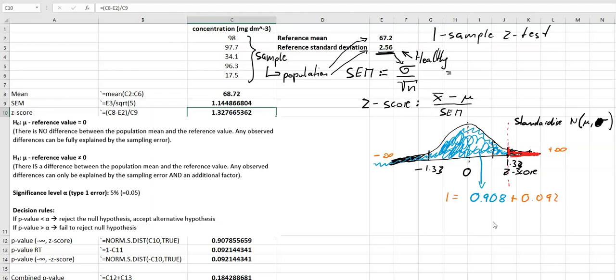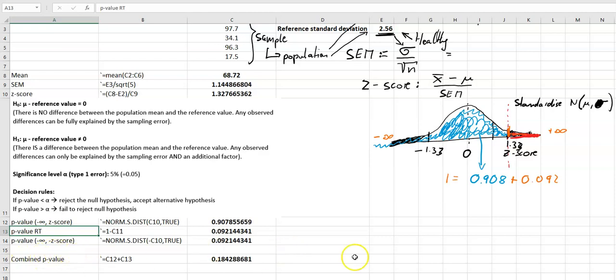So the light blue is what we've calculated, and the red one is this right part of the curve. And we can easily do that, and that is 0.092, as I said previously.